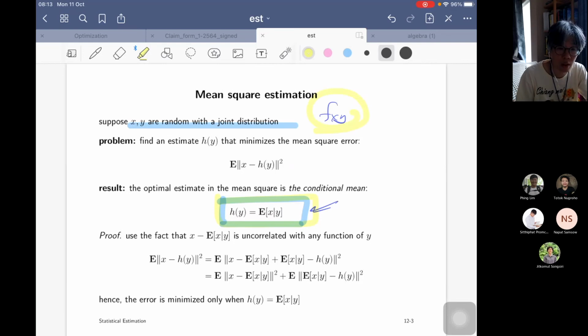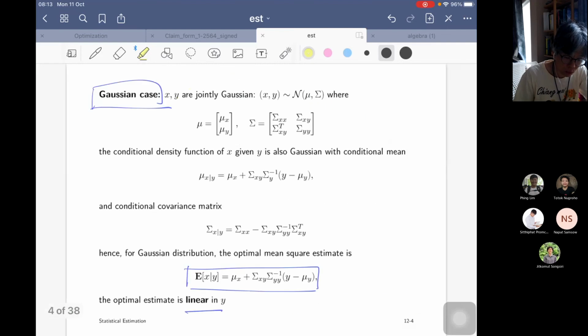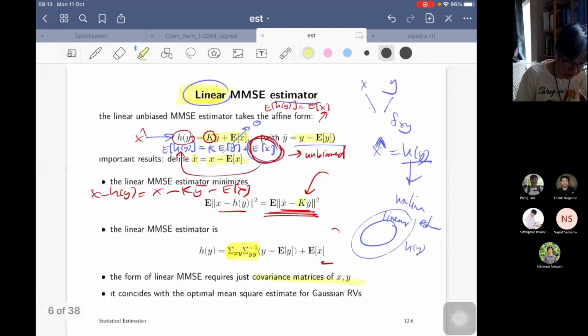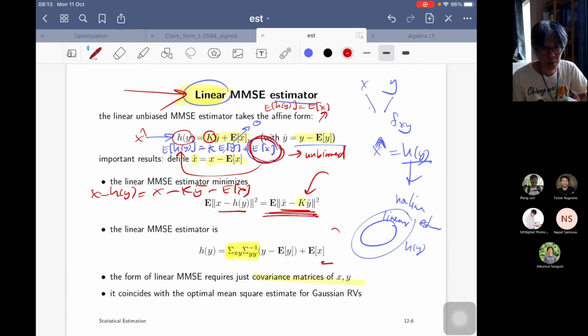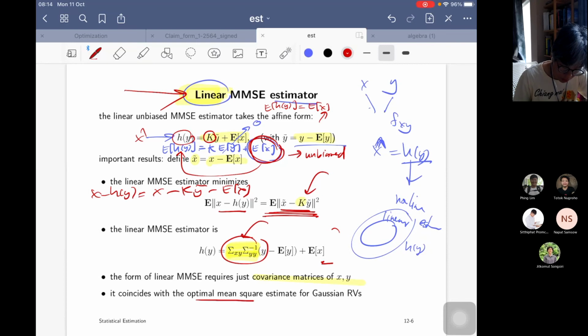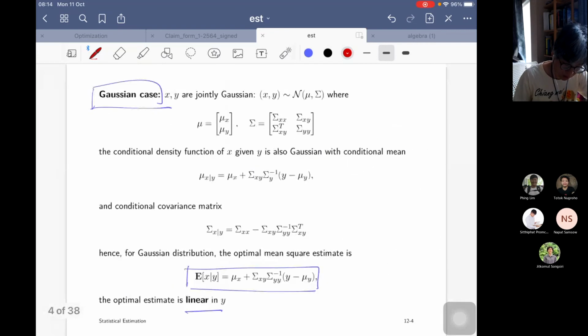Usually, you need the joint distribution between x and y in order to compute the conditional mean. But if you restrict to the linear case, you don't need the whole distribution between x and y. All you need is just the second moment. This form, if you take a look, is also identical to the optimal mean square estimate of the Gaussian variable. So this is the same as the expression we had earlier.